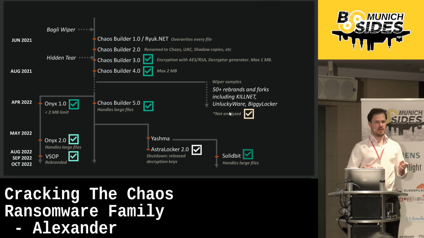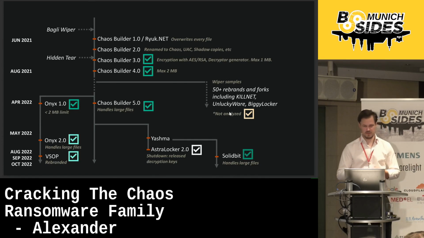So it's kind of a wiper, but all files below that you can decrypt, but most of it's going to be destroyed. The thing is though that it actually doesn't properly overwrite the file. It just deletes the file, which means that you can actually carve out important files. It's going to be a mess to do that in a big environment, but you can still get your files back that way. And smaller files that are encrypted, you can get back with the decryptor.